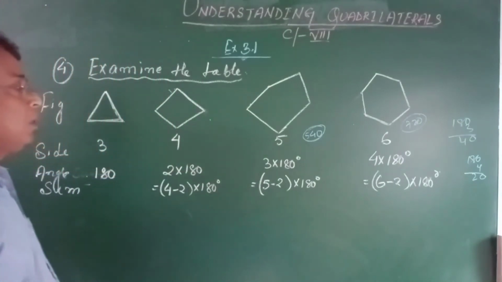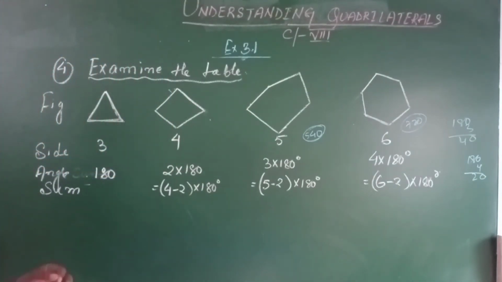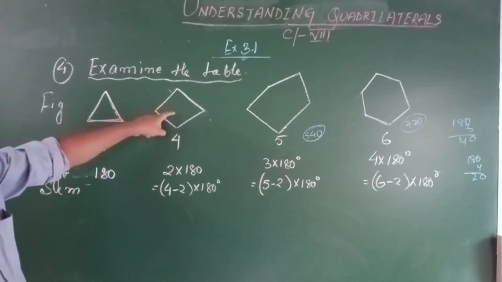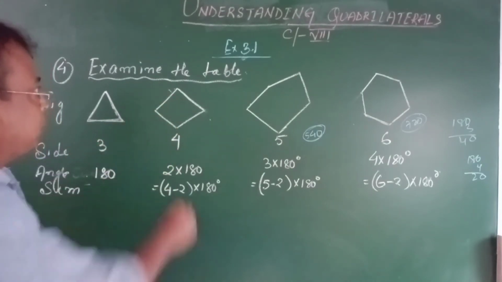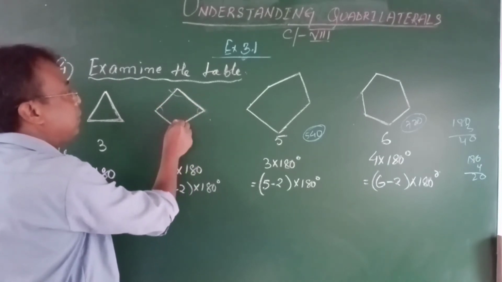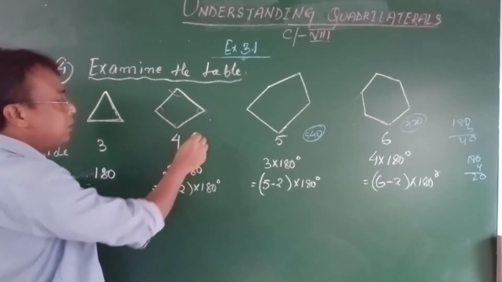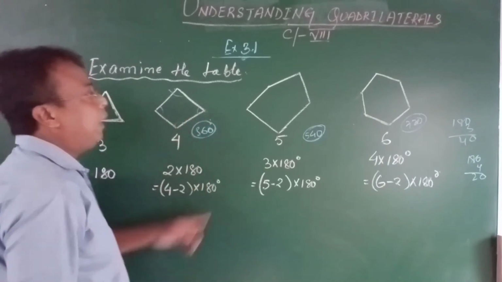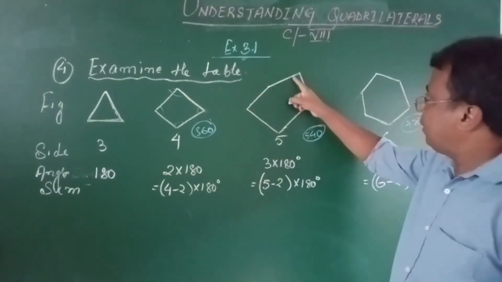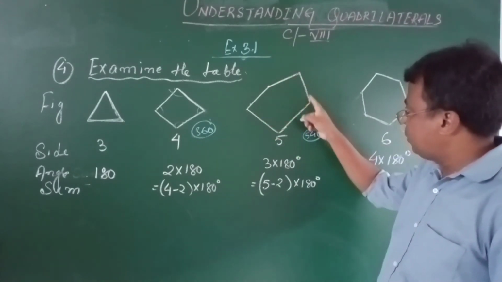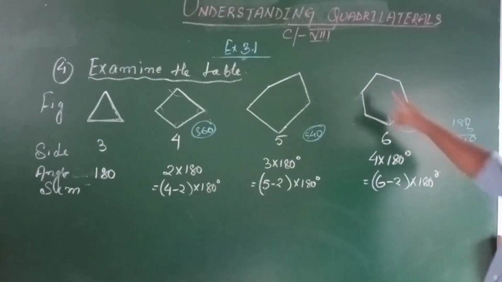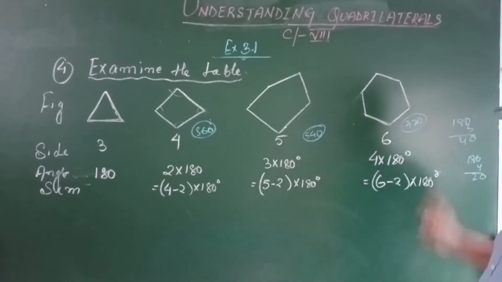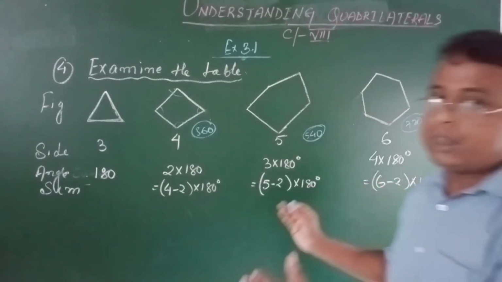The sum of the 3 angles of a triangle is 180 degrees, the sum of the 4 angles of a quadrilateral is 360 degrees. In a pentagon, if you add all 5 angles you get 540 degrees, and if you add all 6 angles of a hexagon, you get 720 degrees.